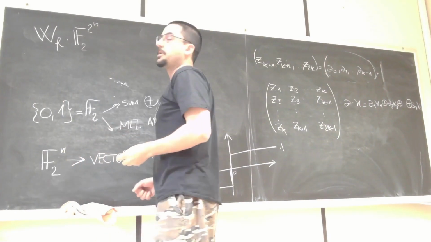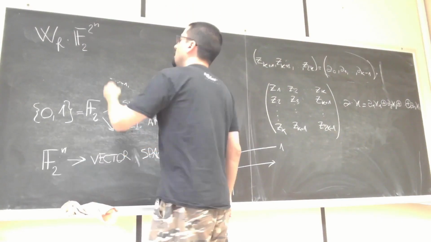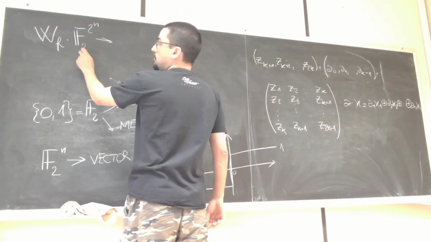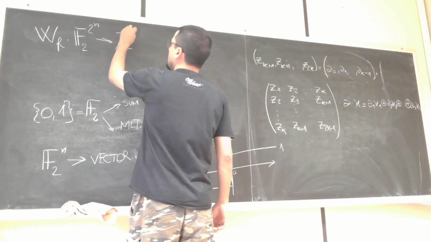So we have our description of a single function, let's say in terms of its truth table, not to the same set, but to Z to the 2 to the n.